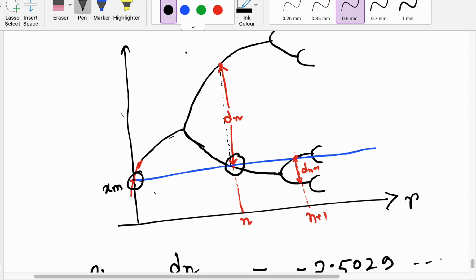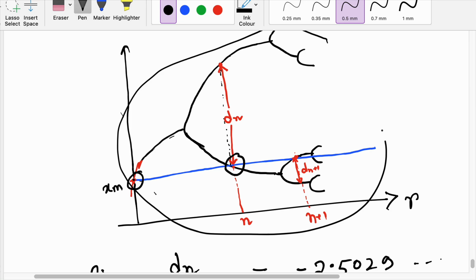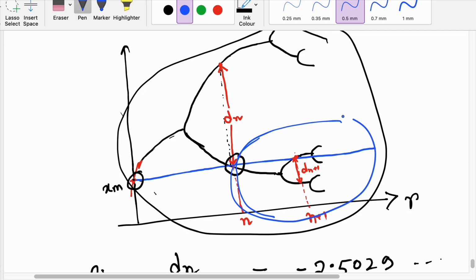Previously the structure was this much, then it becomes this much, then it will become this much, but inside the big black circle, whatever the system was is the same as with this blue circle and with this green circle.